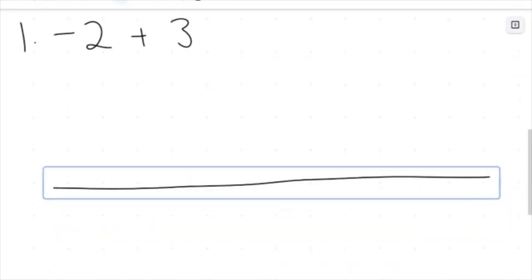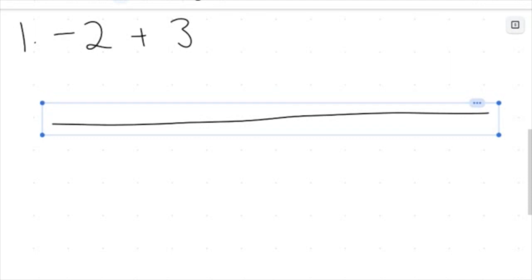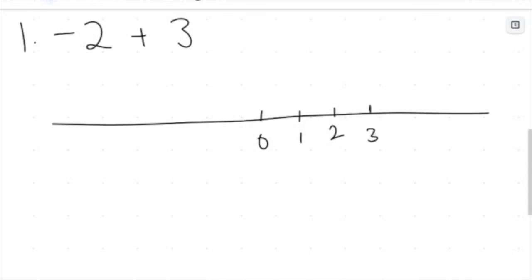Let's bring this up actually. Okay, so I'll just draw another number line. 0, 1, 2, 3, 4, 5. And going into the negatives, -1, -2, -3, -4, and -5.